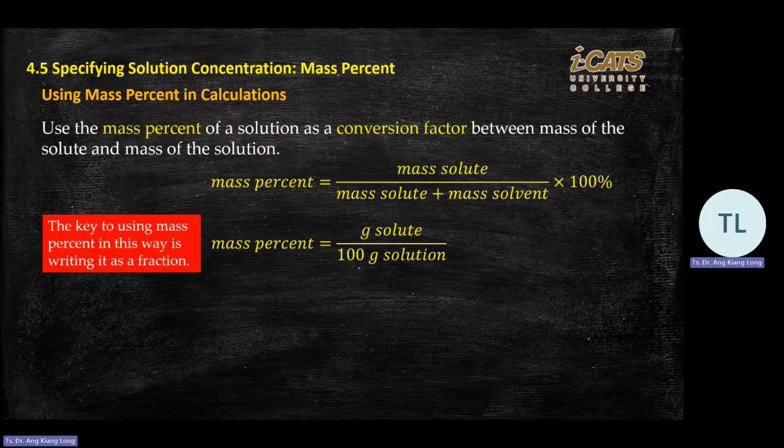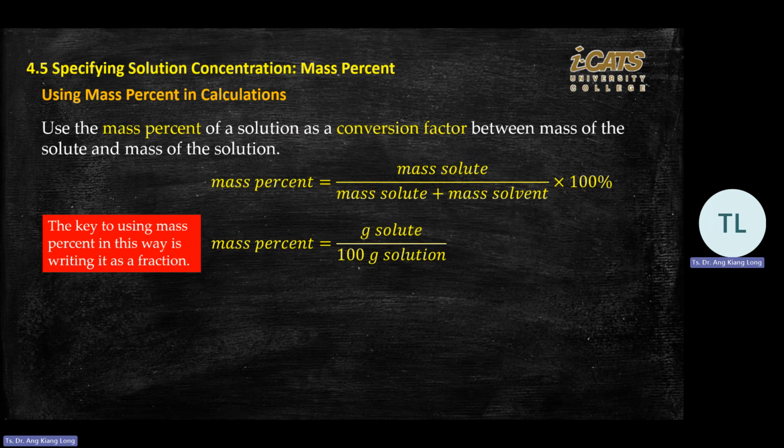Sometimes we can write it as how many grams per 100 grams of solution. Or in another presentation, we can write how many grams of solute, X grams, are in 100 grams of solution. We focus on the solute.